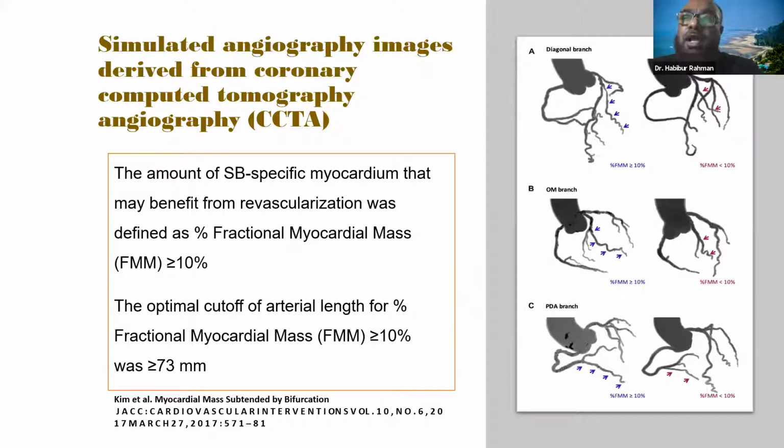The optimal cutoff arterial length for percentage FMM more than 10% was 73 millimeter. Here in the cartoon, we can show the large diagonal branch we shouldn't lose, and also this OM branch we do not want to lose, and here the PDA branch as well.